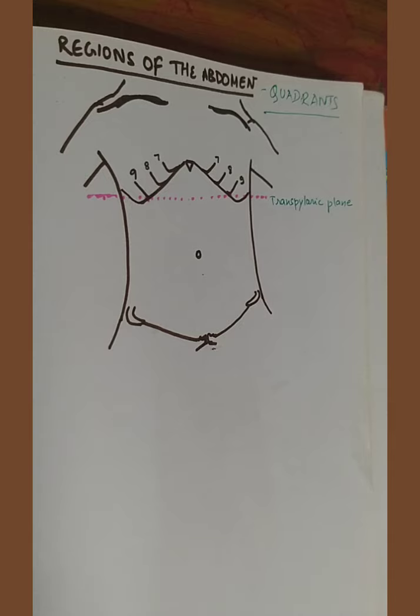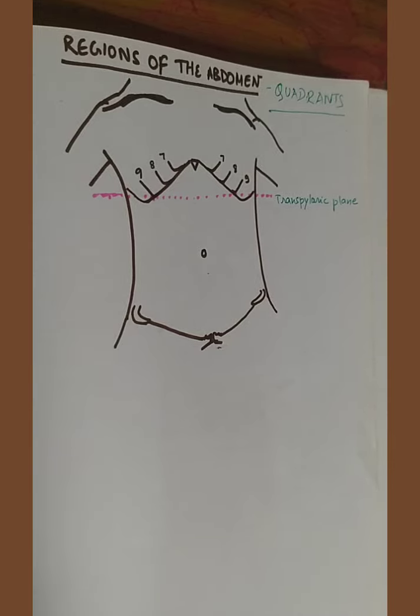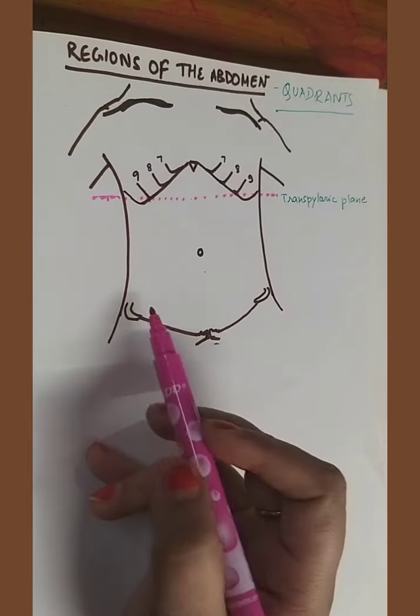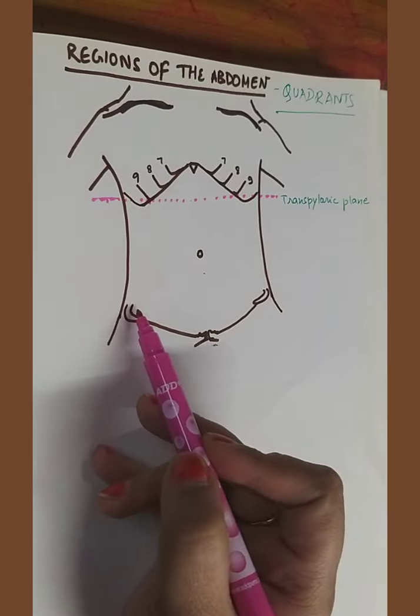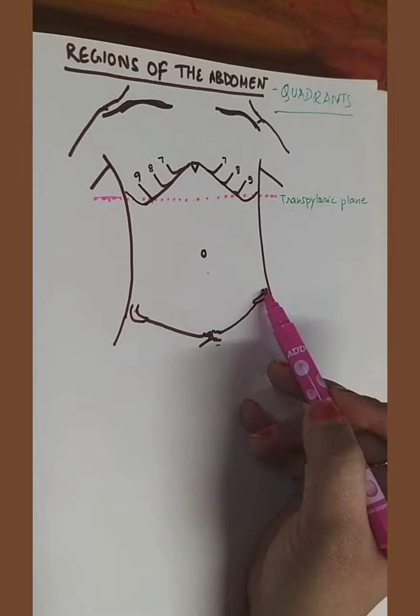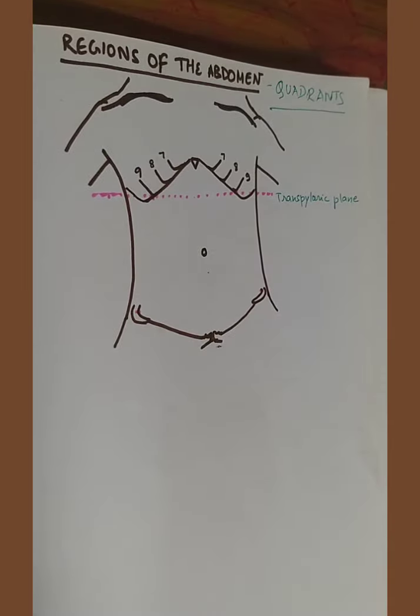Then we have another horizontal plane, which is the transtubercular plane. This again is obtained by joining the tubercles of both the iliac crests.